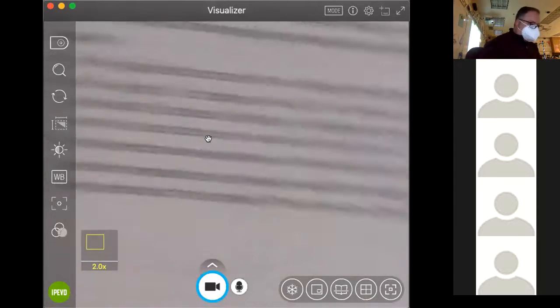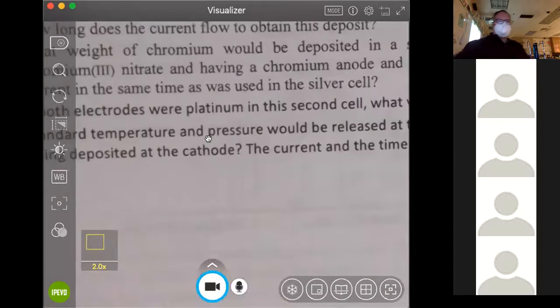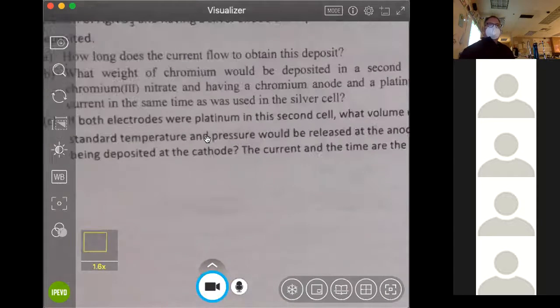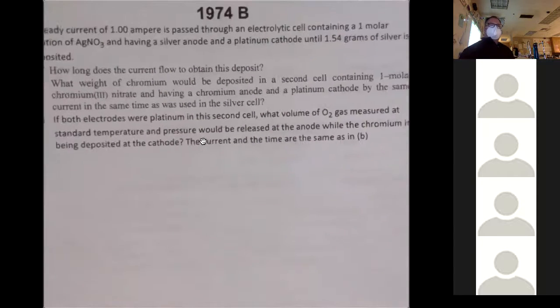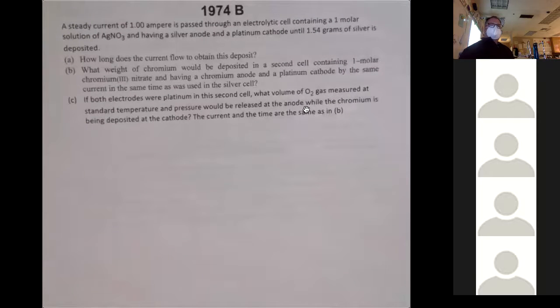So this problem here, problem 3, is asking you to figure out what volume would be measured. Basically, you're going through several different processes for different numbers of electrons there. And then you're applying the gas law constant: at STP, every 1 mole of gas takes up 22.4 liters of space.